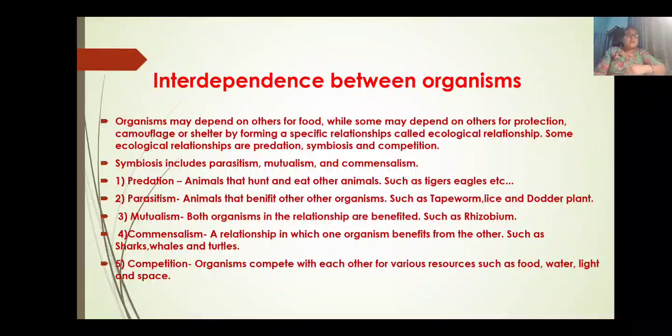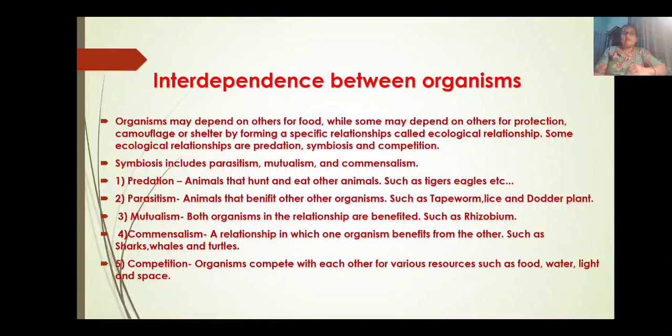So these are the relationships which are made ecologically, okay. So they are known as ecological relationships. Some ecological relationships are predation, symbiosis and competition. These are the three major categories of relationships defined in terms of ecology.